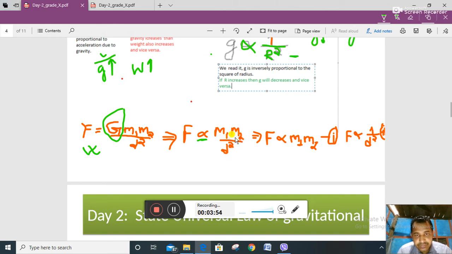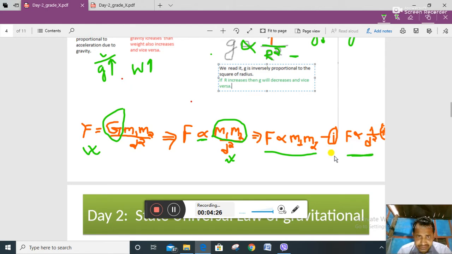Breaking it again, m1 and m2 are in the numerator, so F is directly proportional to m1 and m2. The d square is in the denominator, so F is inversely proportional to 1 by d square. Now we can say force is directly proportional to the product of masses, and inversely proportional to the square of distance between their centers.